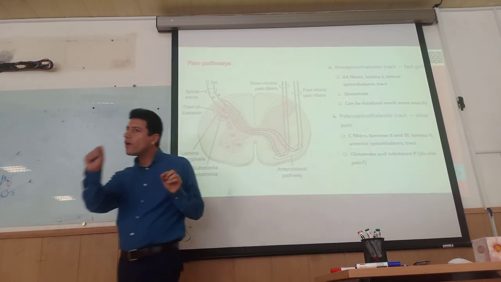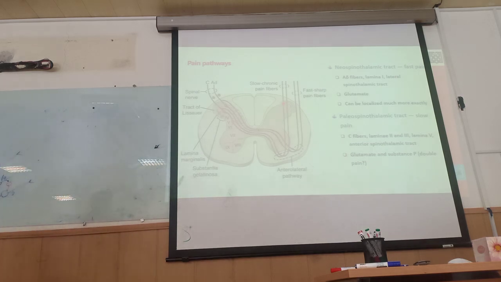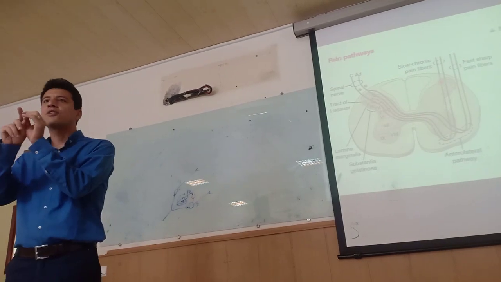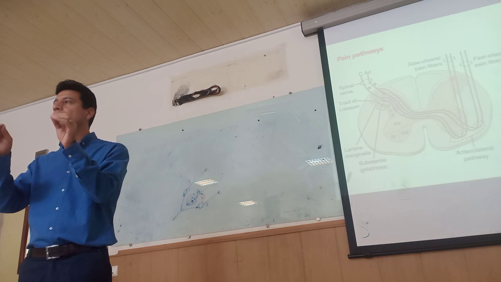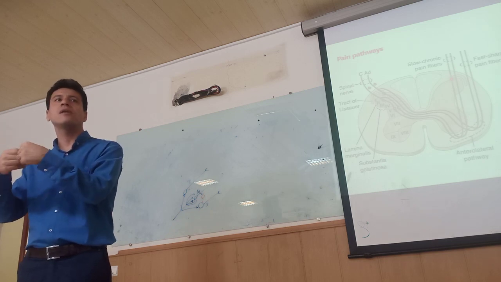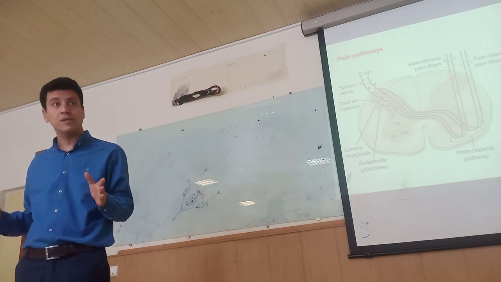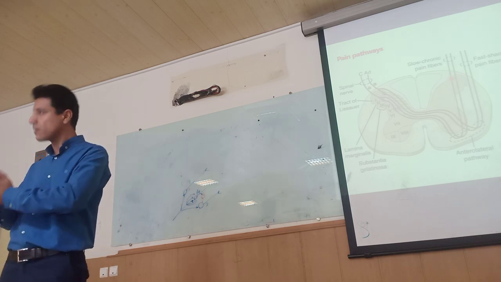At the ending of the C fibers, we have vesicles enriched with glutamate and vesicles filled with substance P. If regular, or let's say single, action potentials come to the end of the C fibers, they may release only glutamate, but if we have a lot of action potentials, both glutamate and substance P are released.